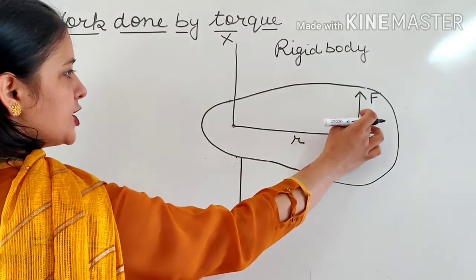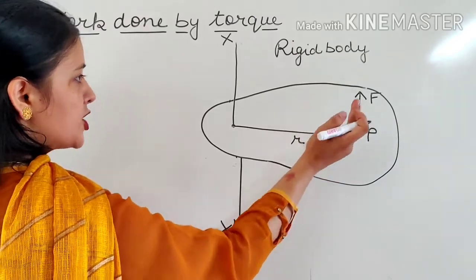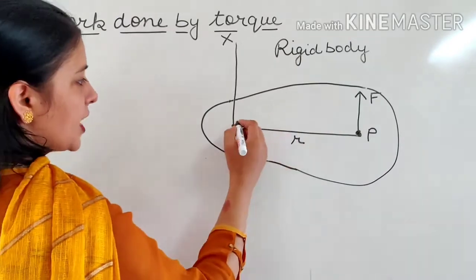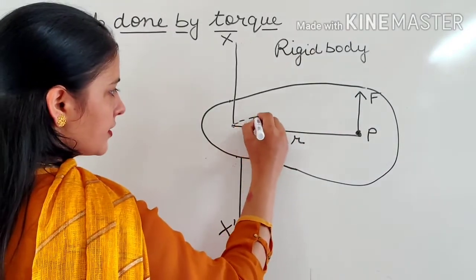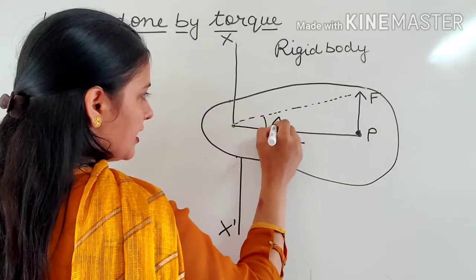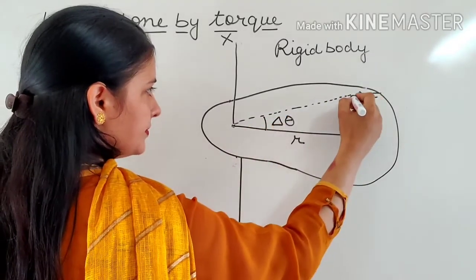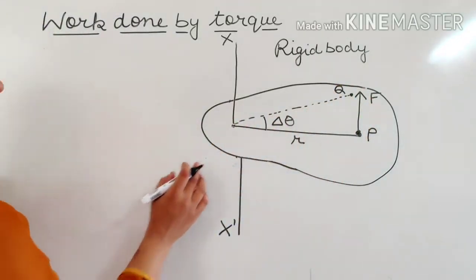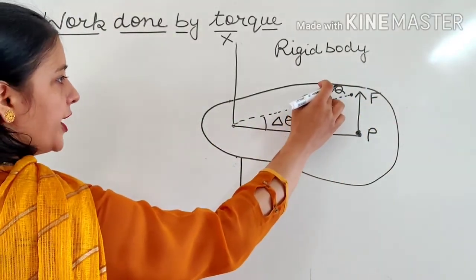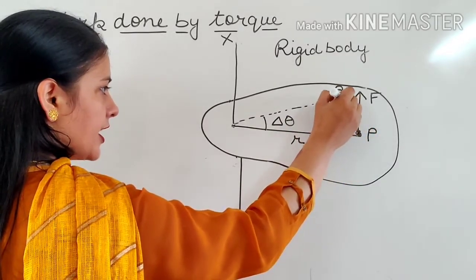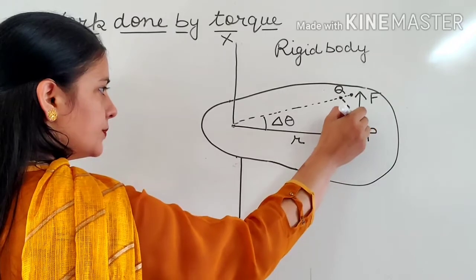Due to this application of force, a rotational effect will be produced in this rigid body, which is shown by the angular displacement delta theta. Say this angular displacement produces up to point Q, which is shown by an arc PQ.